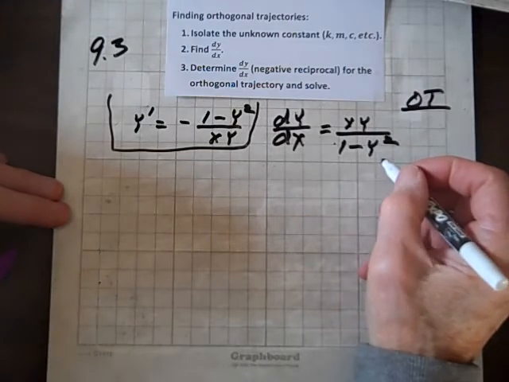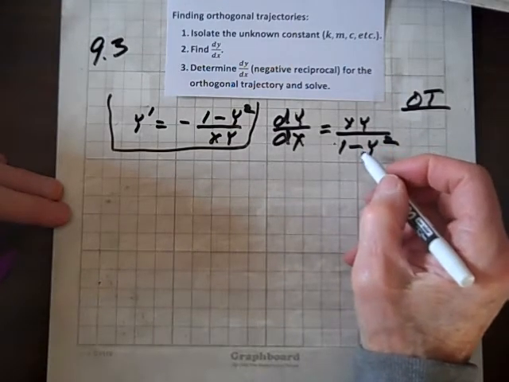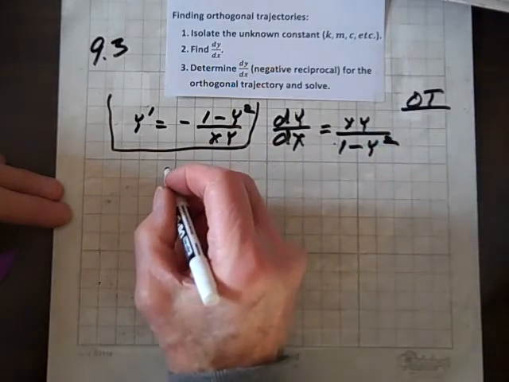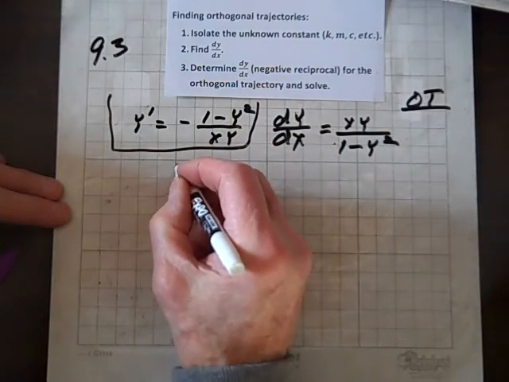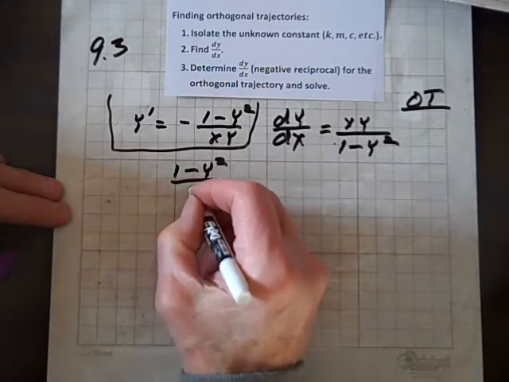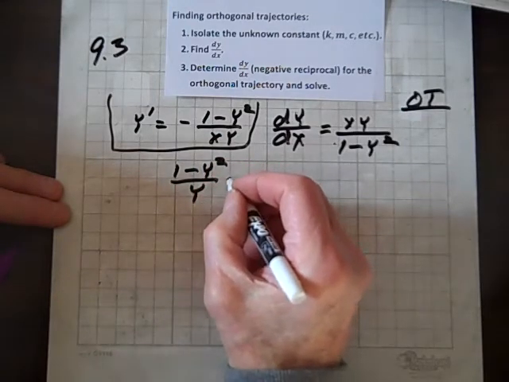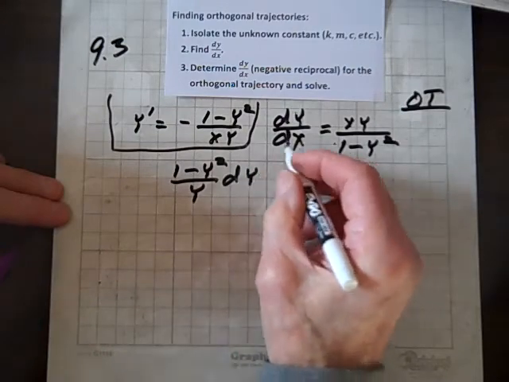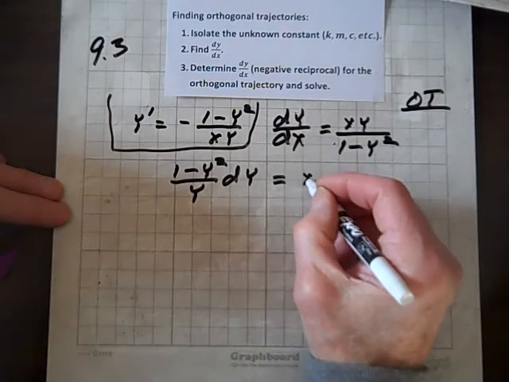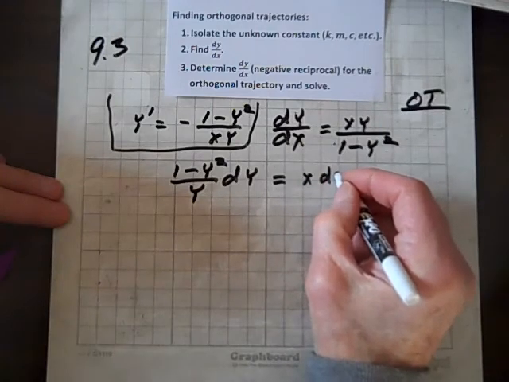Now, we'll multiply both sides by 1 minus y squared and divide both sides by y, and we wind up with 1 minus y squared over y dy, and I'll multiply both sides by dx also, and we get an x dx.